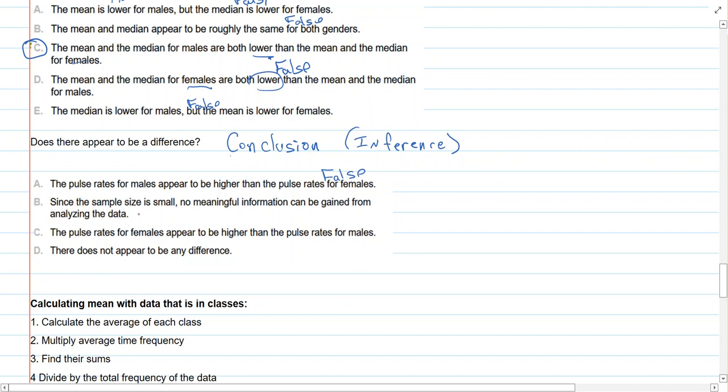Since the sample size is small, that's true, because it's only 14, no meaningful information can be analyzed, and that is false.